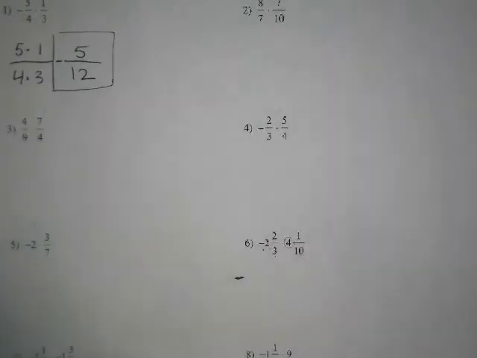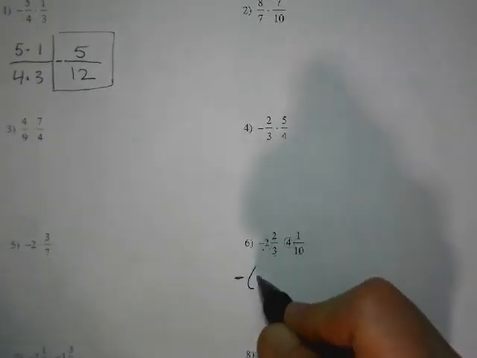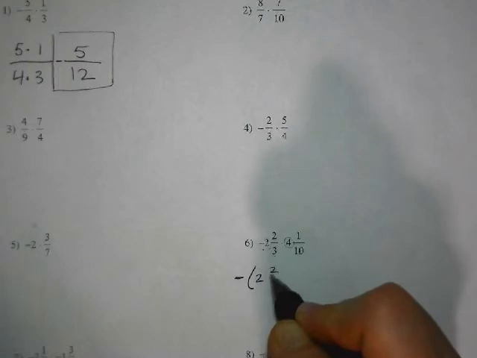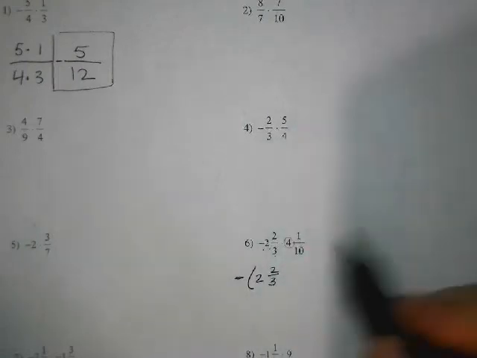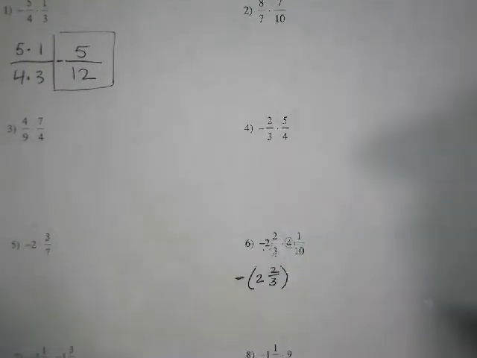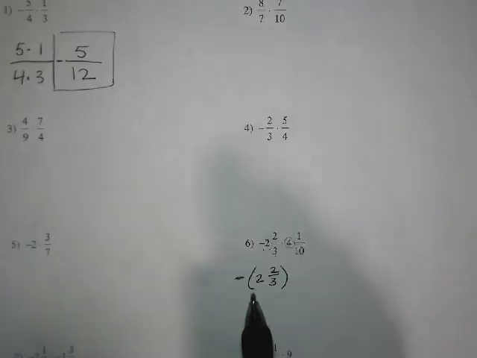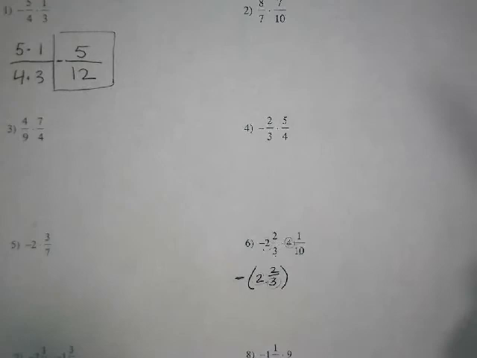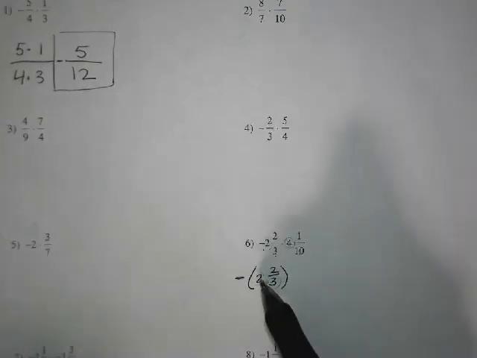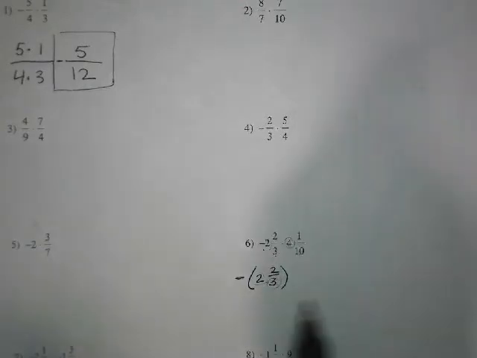I want you to take that negative out for now, leave it out there, put a parentheses around 2 2/3. But remember it's here, don't forget about it. And what we need to do is multiply our big whole number by our denominator, because that's how many whole things we have, and we have 3 items in the whole thing. So 2 times 3 is 6.